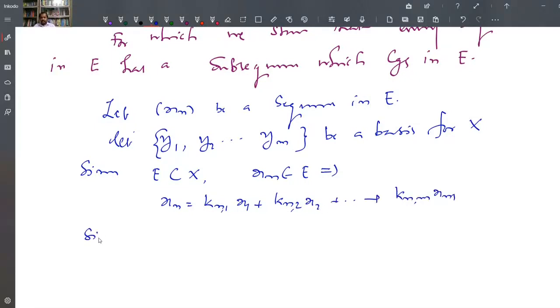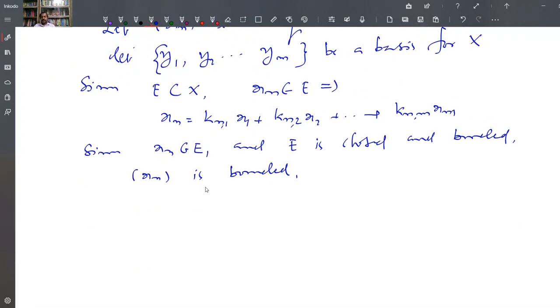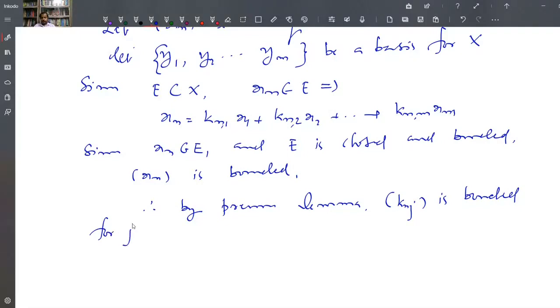Now since xn belongs to E and E is closed and bounded, xn is bounded. Therefore by the previous lemma, knj is bounded for j equal to 1, 2, etc., m.